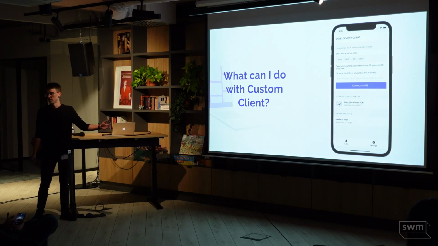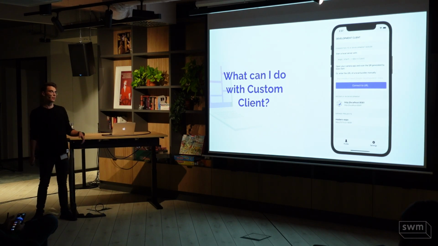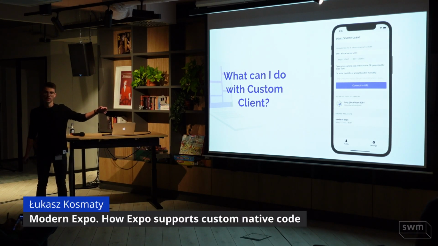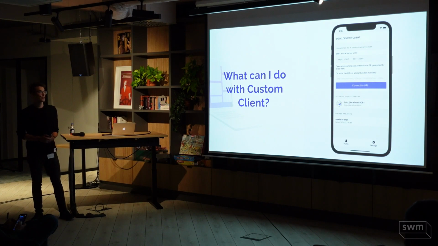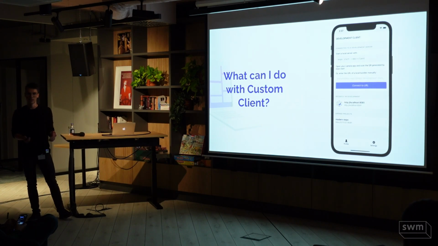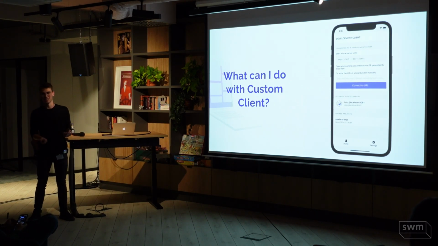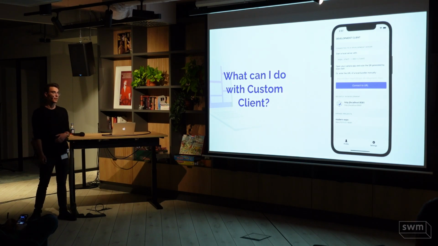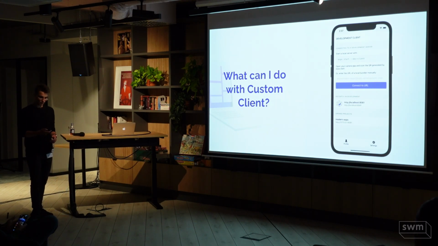It's basically a history of your projects which were opened in that instance of development client. You can also enter a URL of your local bundler manually. However, the easiest way to do it is just by opening a camera app on your phone and scanning a QR code which was generated by Expo Start.